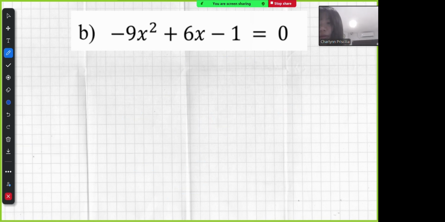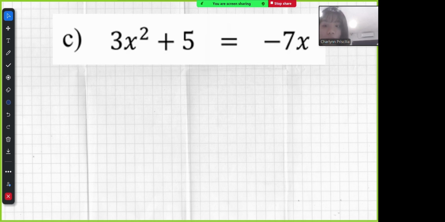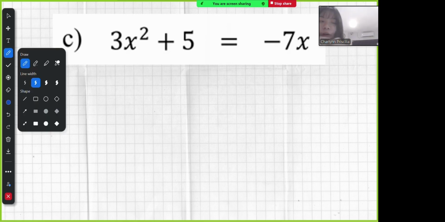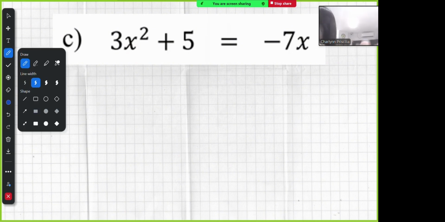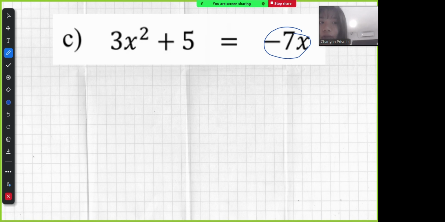However, we have another example, which is for no real solution. As y'all can see here, there's only A and B. Where's the C? How do you find the C? Here, I'll show you guys. The equation needs to be written in standard form, because it's not something that we can work with. First of all, because this is -7, we have to add 7 to make it 0, meaning that here will also be plus 7.